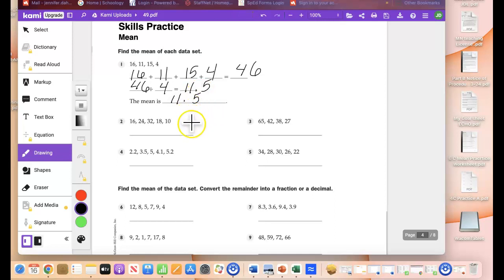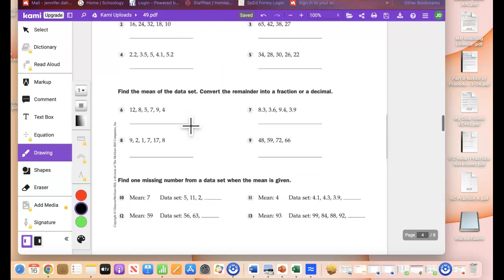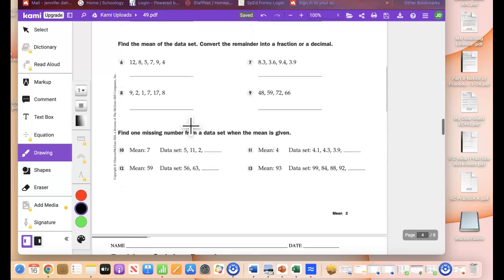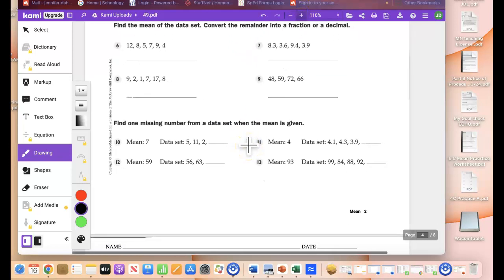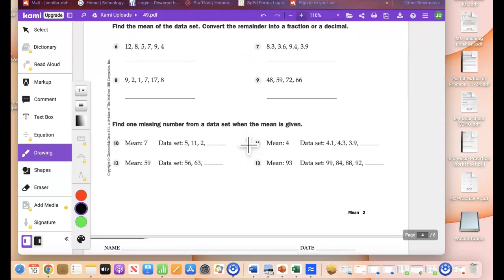Okay. On some of the worksheets, you will have this part at the bottom where it says find the missing number, where one of the data is missing. So I just want to go over how you would do this. If we think about it, we're adding up this data and we're dividing it by this.